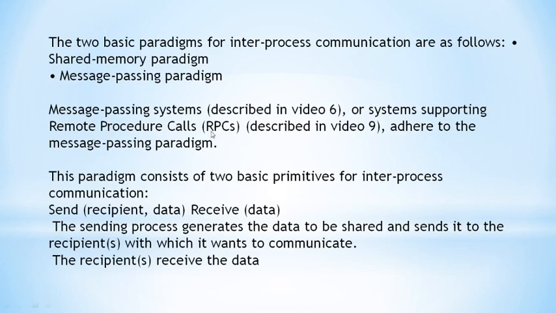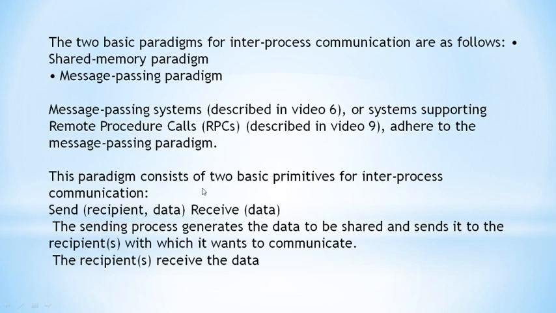In this paradigm you all know that there are two basic primitives for inter-process communication, that is send and receive. If you have not yet watched the 6th video or 9th video, please go back to the playlist and watch the message passing system video.